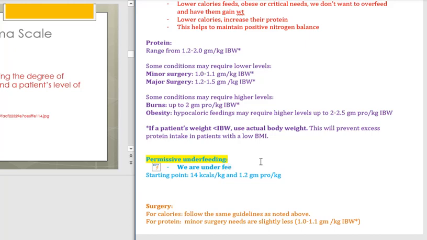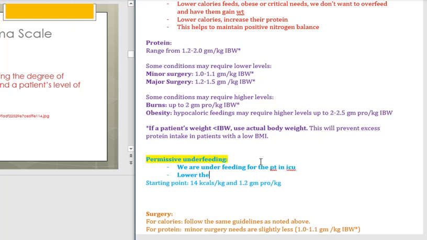Permissive underfeeding is where we lower the calorie and protein needs temporarily in order to lessen the stress that's put on the body. Can you repeat that? Yes. With permissive underfeeding, we utilize it for anyone, so not just people that are obese, but anyone in the ICU, and we allow ourselves to lower the calories and protein needs temporarily to reduce the stress that's put on the body.